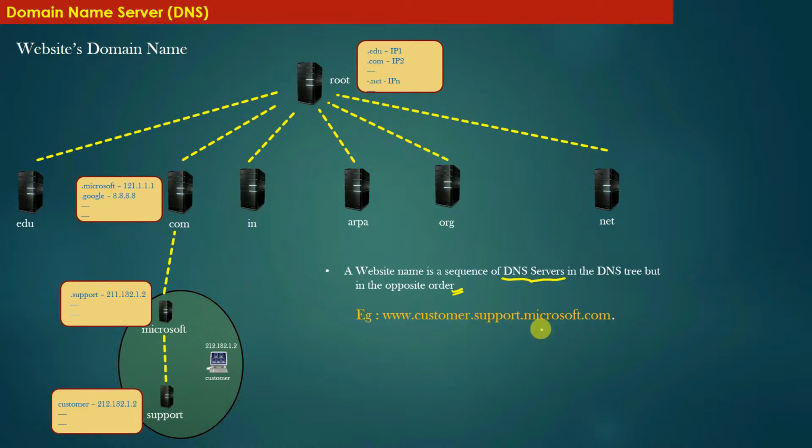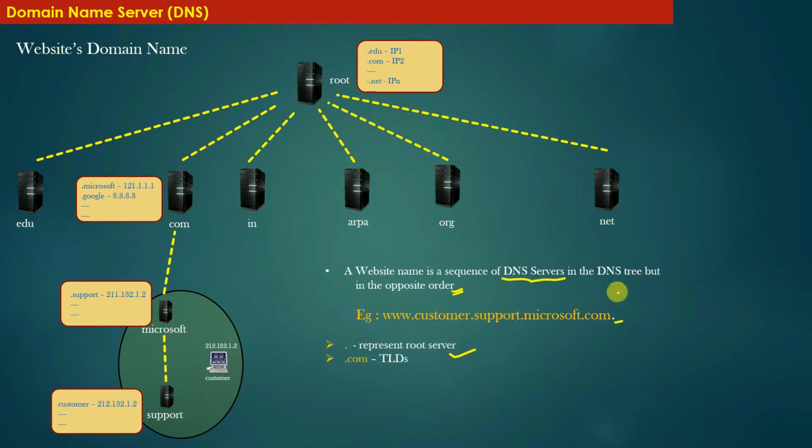For a given website, always assume that there is a dot appended at the end of the website name. This dot actually represents the root DNS server. As soon as you type the name of your website in a browser, your browser automatically adds a dot at the end of your website name. So this dot represents the root DNS server.